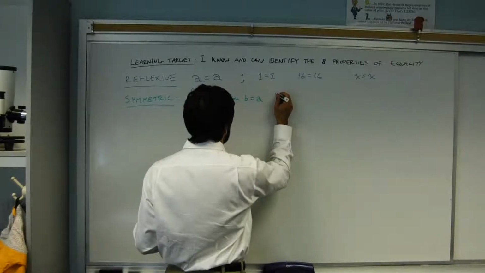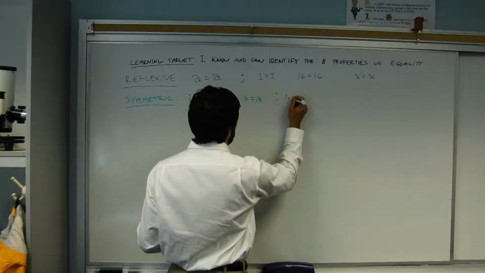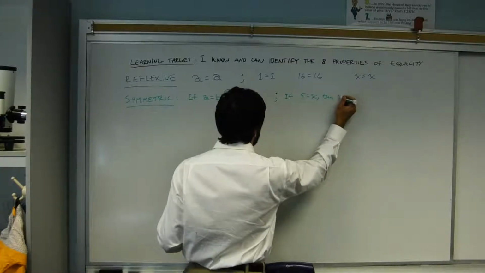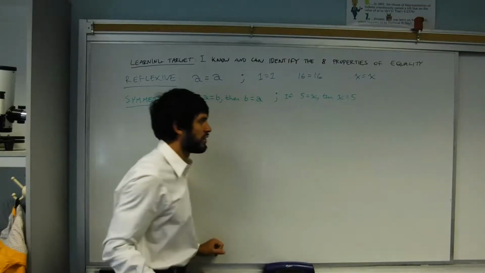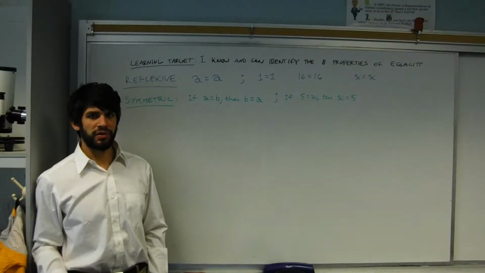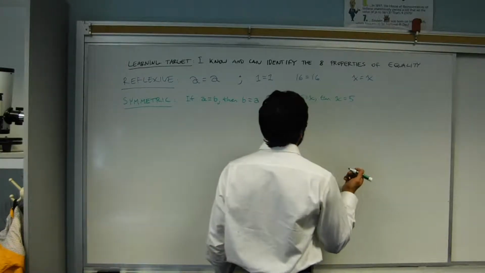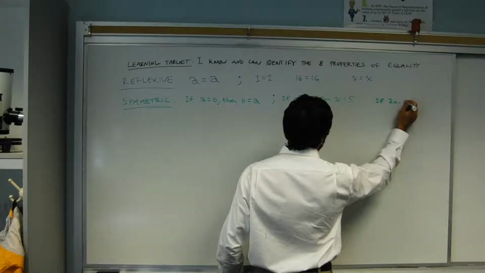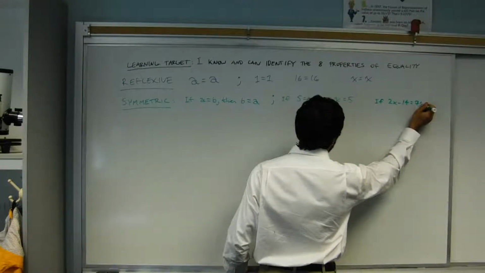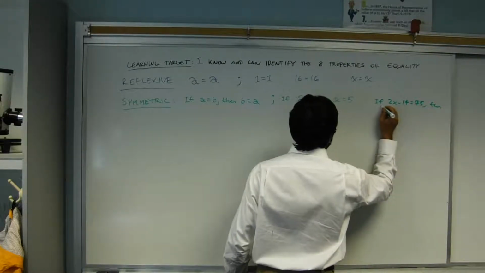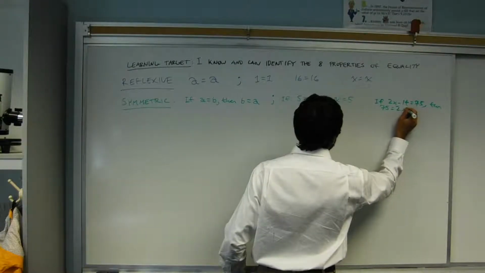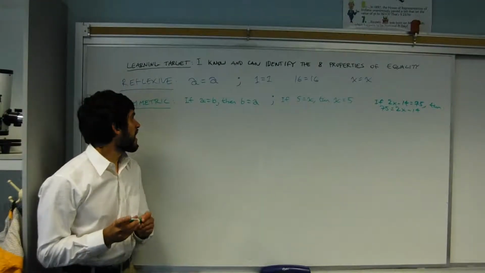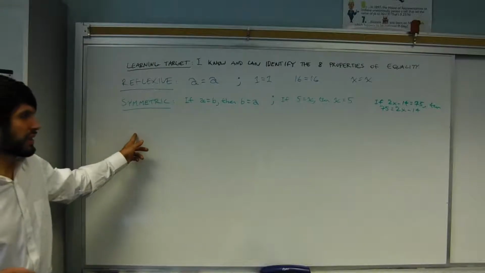So this would be like if 5 is equal to x, then x is equal to 5. We'd have if 2x minus 14 is equal to 75, then 75 is equal to 2x minus 14, and so on. So that is our symmetric property.